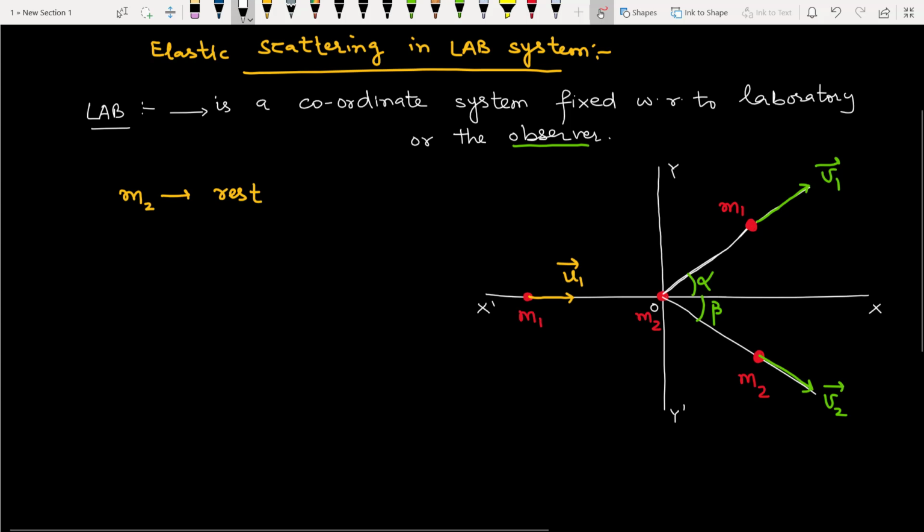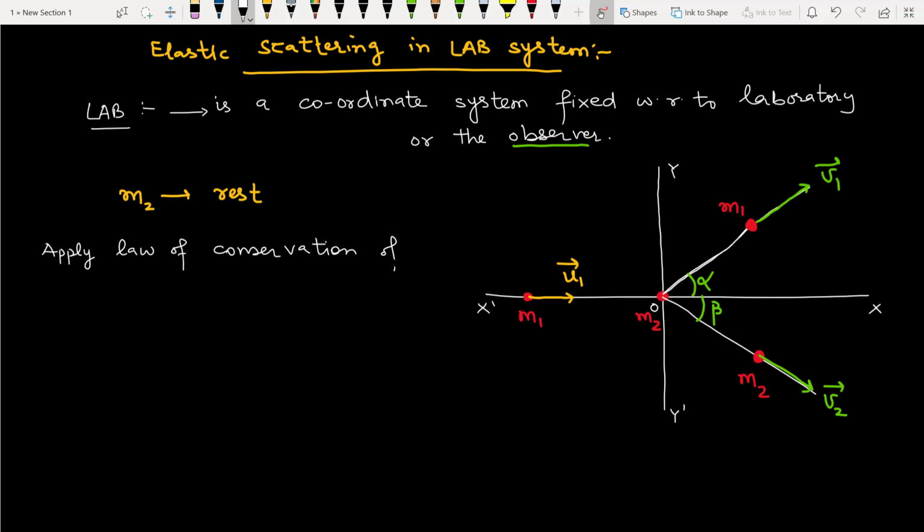So first of all we apply the law of conservation of linear momentum along the x-axis. So initial momentum is m1 u1, it is along x-axis. The second mass m2 is at rest.